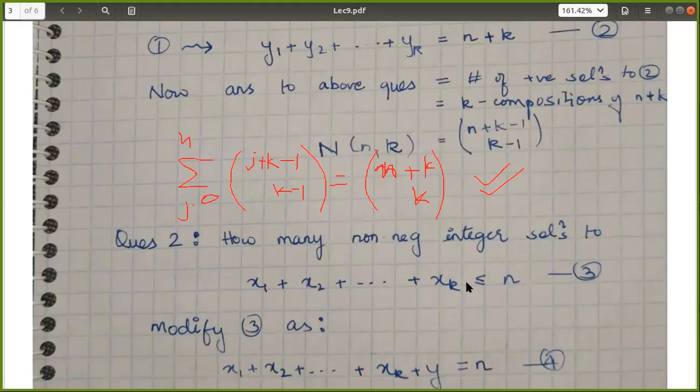So this was nothing but arriving at the number of solutions for this particular equation in two ways. What is really being done? The number of solutions are being counted in two different manners.